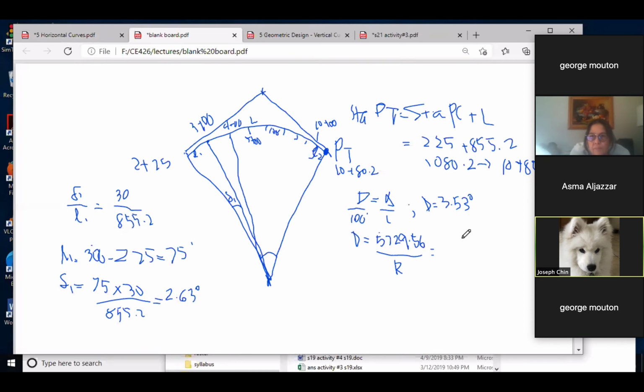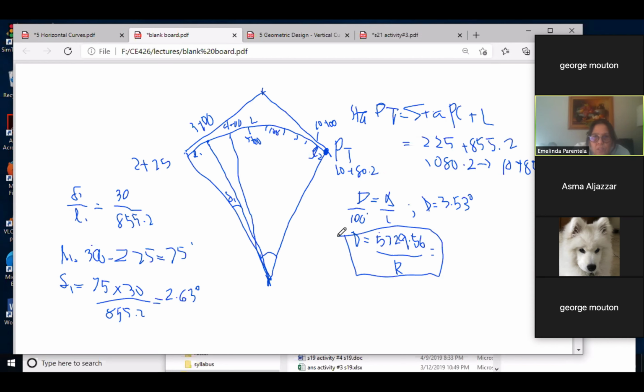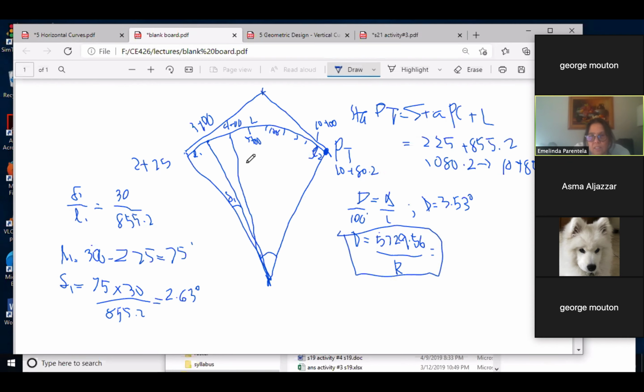How did you change that delta over L to 5,729 over R? Okay, this is an equation that we established last time. It compares this to a circle.